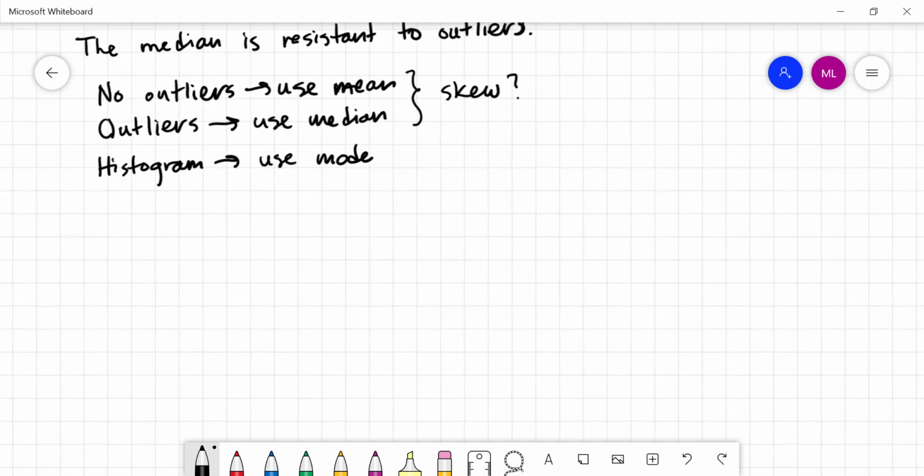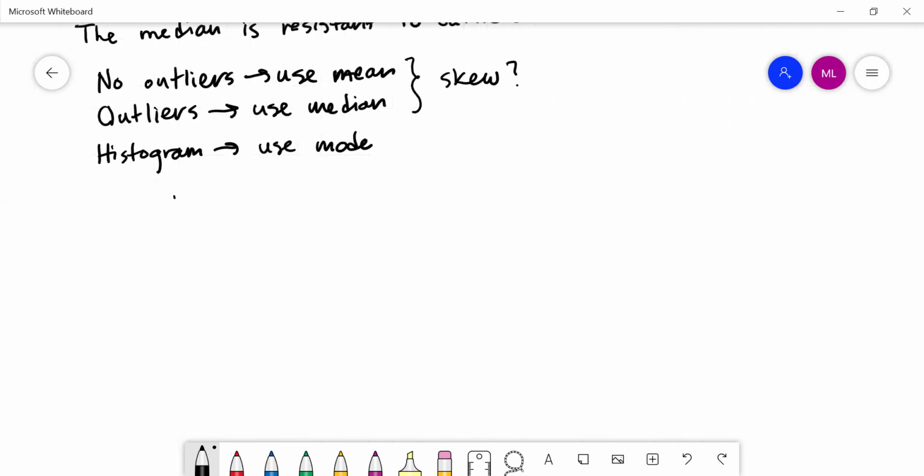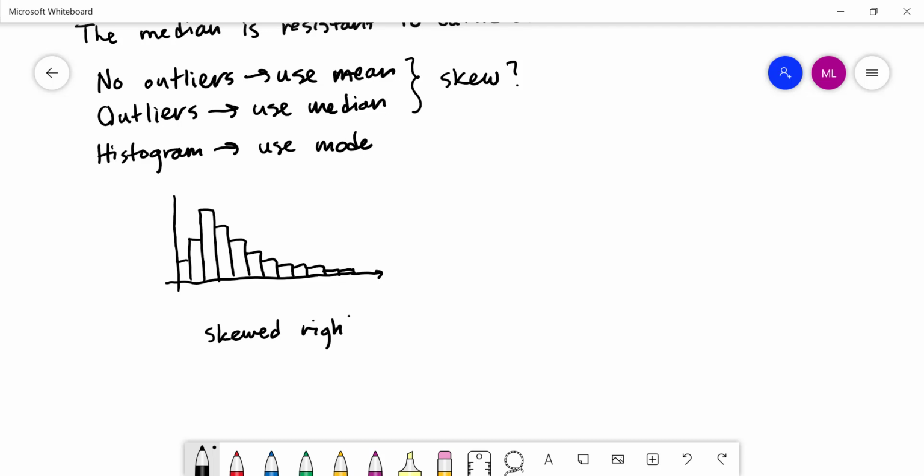So what I've just suggested is that if we've got a data set that looks like this, we said that this data set would be skewed to the right. And this was back in section 2.2 when we were looking at pictures of histograms. Where would the mean and the median be in a picture like this?